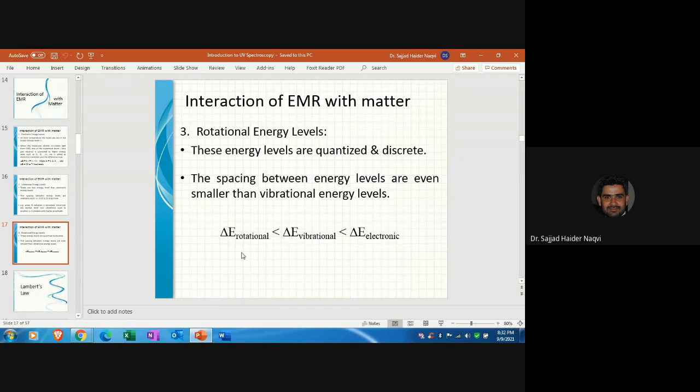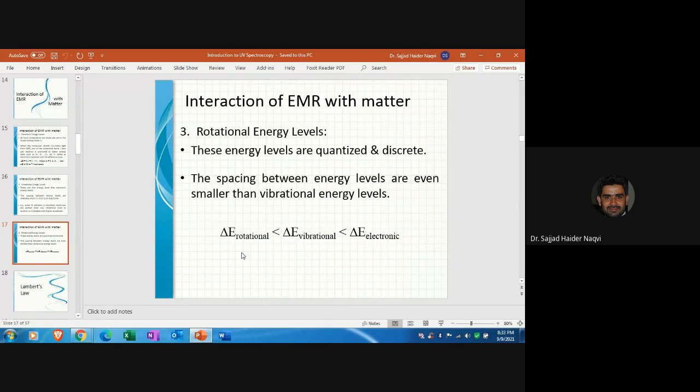So all of them are change of energy, but they have different methods, and they have different magnitudes of the change of energy. So depending upon what portion of electromagnetic radiation is interacting with matter, it can bring about either an electronic change of the energy level, or a vibrational change, or a rotational change.